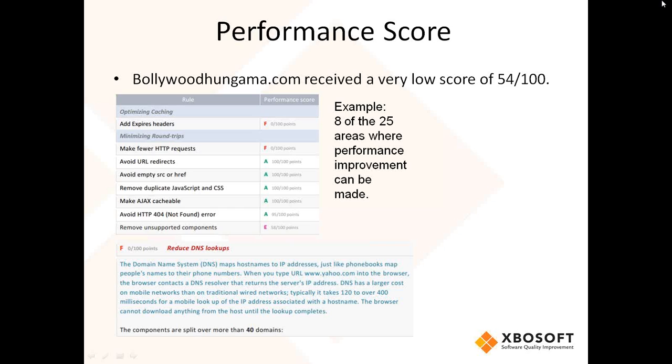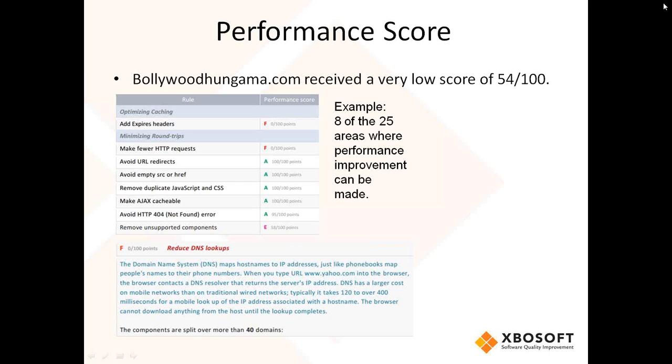And then after they give you a score, they also give you another section that actually goes into detail and gives you recommendations of how to solve that problem. For instance, Bollywood Hungama, they got an F on DNS lookups. What does that mean? Well, that means that you have to translate the host name into an IP address.